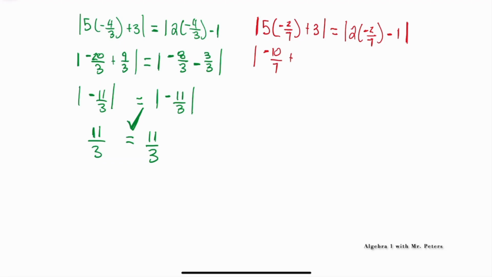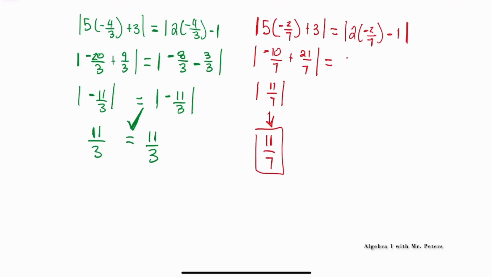But now remember, if we want to have a fraction where the denominators are the same, 3 could be rewritten as 21/7. Now, when we simplify, we get -10 plus 21, meaning we're going to get +11/7. So when we take it out the absolute value brackets, 11/7 is our final answer.